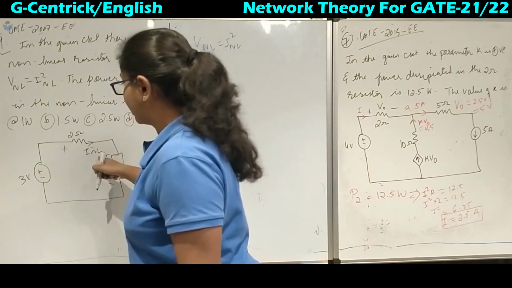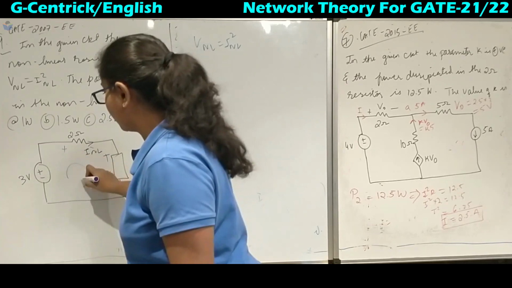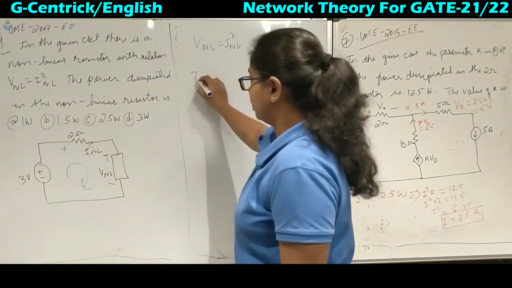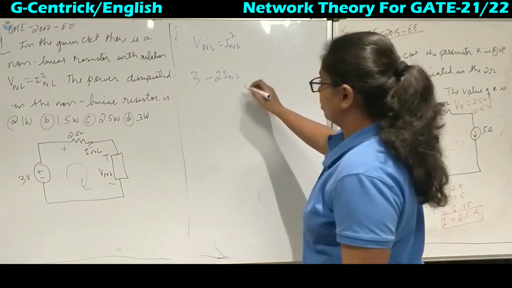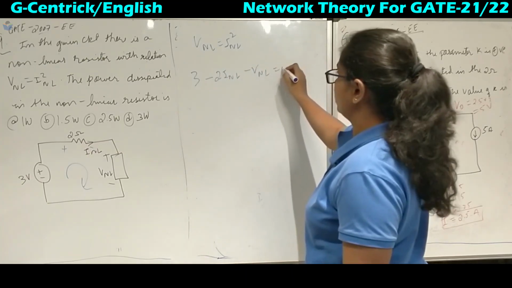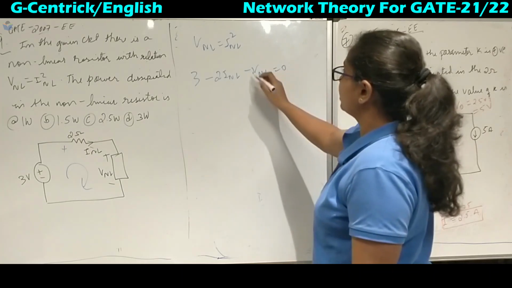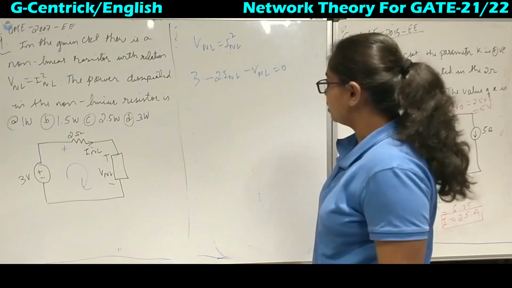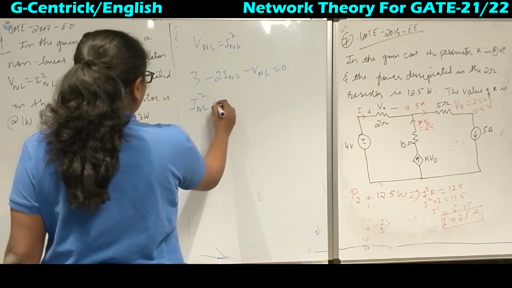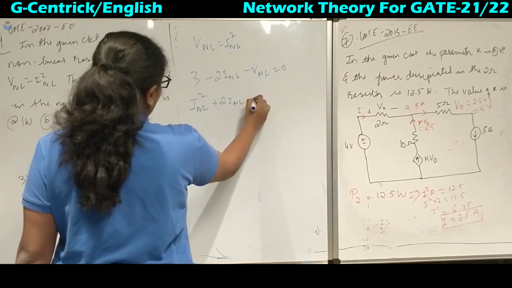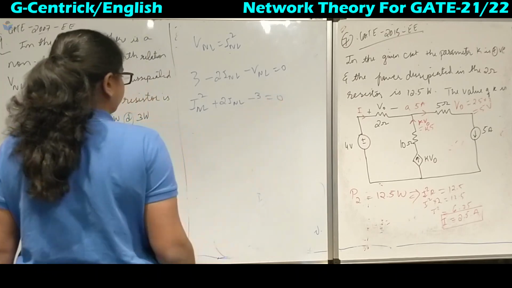The current direction is already given, so we will apply KVL. 3 volt minus 2 INL minus VNL is equal to 0. This VNL can be replaced with INL square. When you replace and rearrange the negative sign, you get INL square plus 2 INL minus 3 equal to 0.